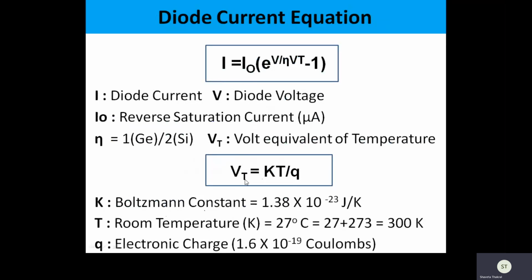That's why this particular parameter is called the volt equivalent of temperature. It seems that k is some constant value and q is also constant, so Vt should be proportional to T. But when we calculate the units of Vt, they are the same as voltage. That's why this parameter is called the volt equivalent of temperature.